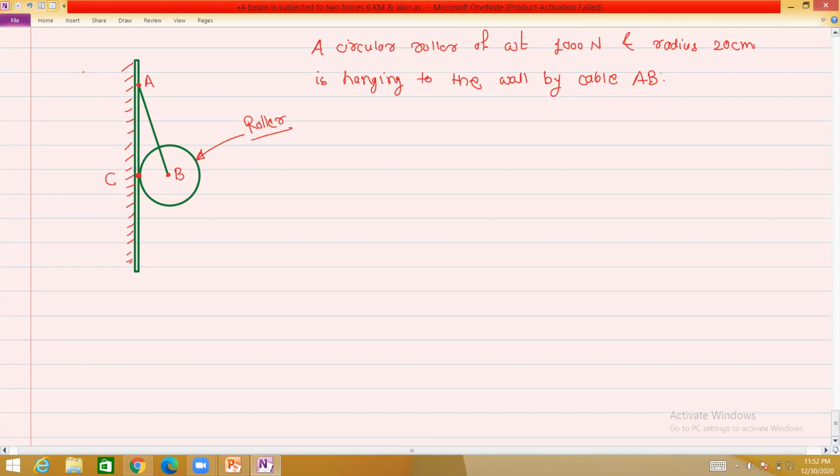Determine the tension in the cable and the reaction at point C.